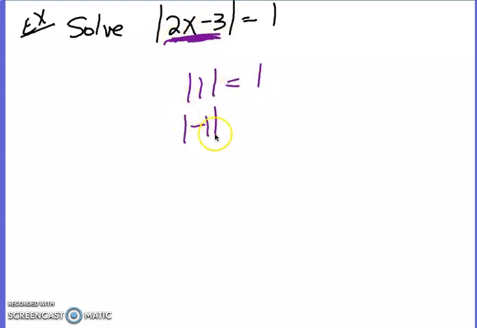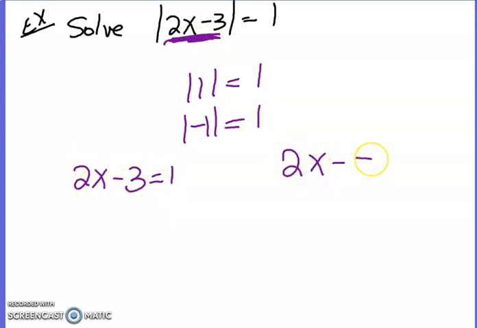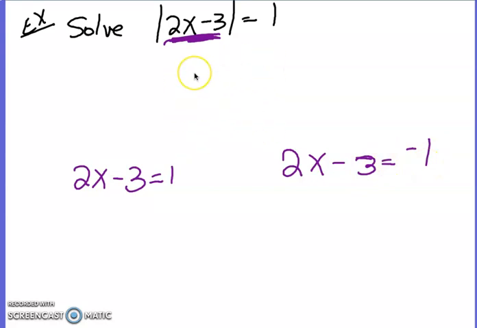But so is the absolute value of -1. So this inside value could be 1, or this inside value could be -1. So you're always going to think of that inside value as could be 1, or it could be -1.